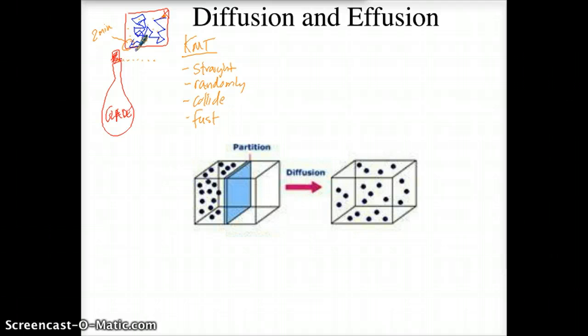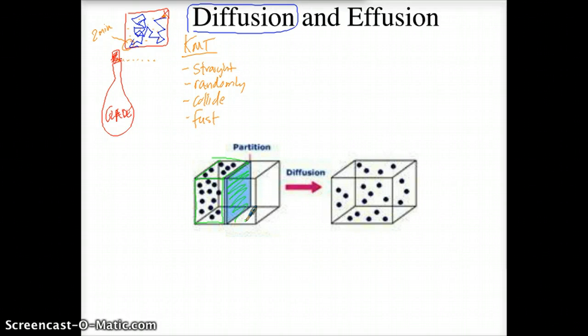The spreading of a gas is called diffusion. Diffusion is the spreading of a gas through a space. So think of like Mr. Shar spraying an air freshener in a room. Or, as you can see in this diagram, on this side of the room, we have a gas, and there's this partition, this wall in between.